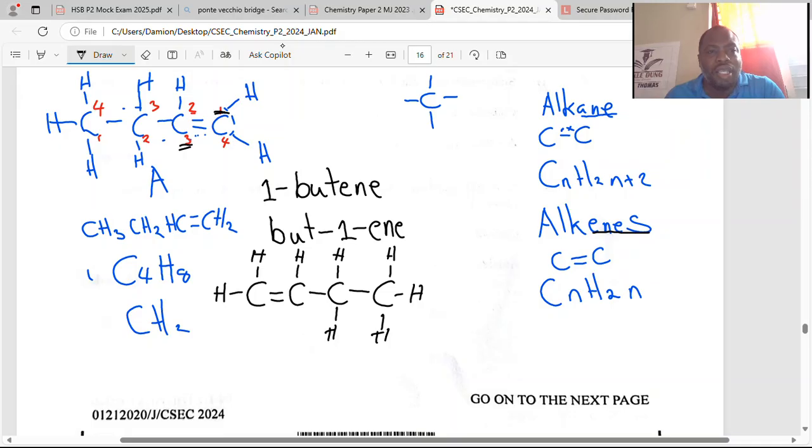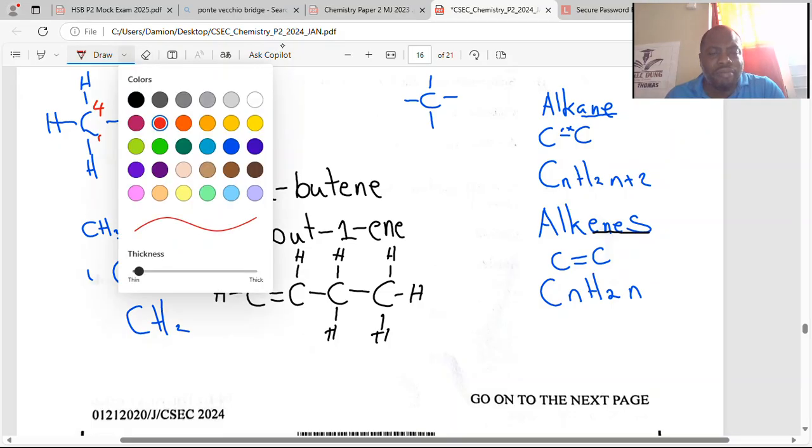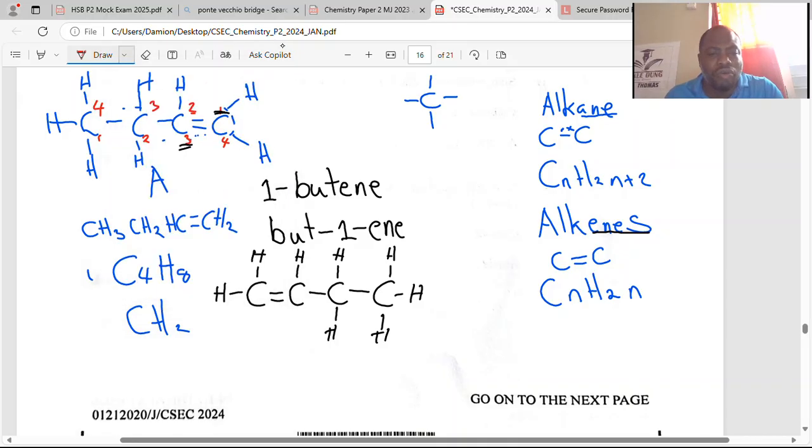Now, is this compound different from the one that we just looked at? If we go through the same process of providing numbers for the carbons, you can say this is carbon 1, this is carbon 2, this is carbon 3, this is carbon 4, or this is carbon 1, this is carbon 2, this is carbon 3, this is carbon 4.